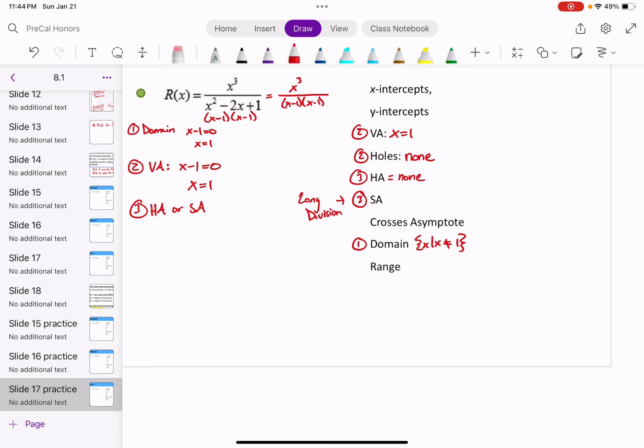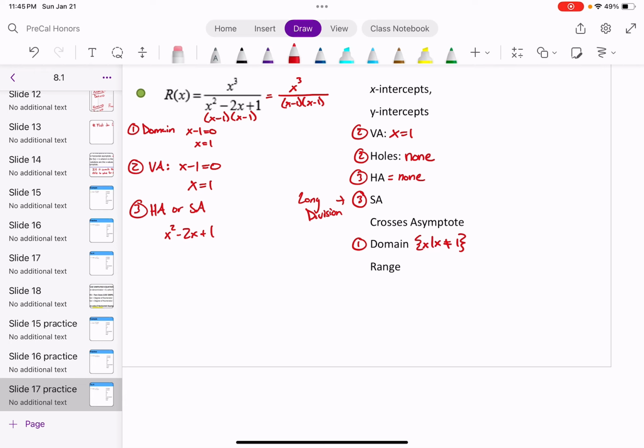And what we're going to do is that we are going to divide x to the third power divided by x squared minus 2x plus 1. Now, at that point, we will need to use every single term, and we just cannot use x to the third.